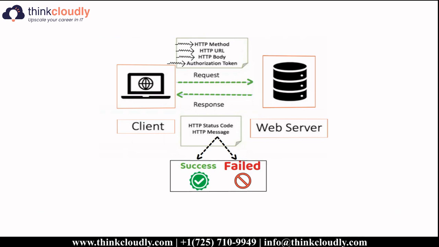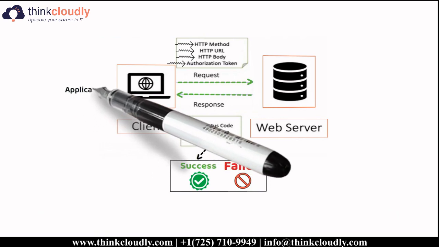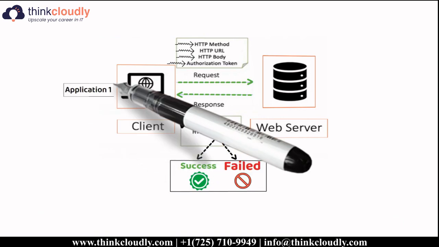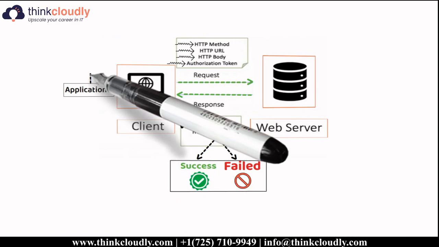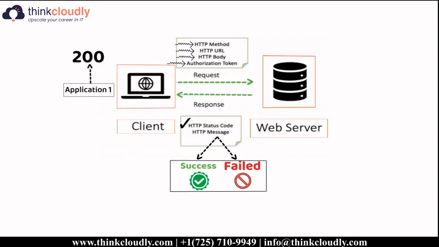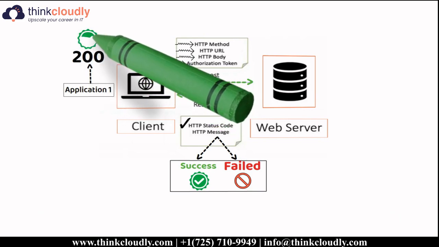There is one more thing, which is status code. Status code basically helps the receiver, here application 1, which receives a status code. On that basis, it is able to identify whether the request was successful or failed. So if the status code is 200, 200 status code means that the request is successful.